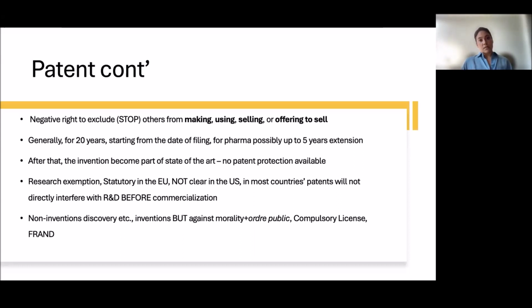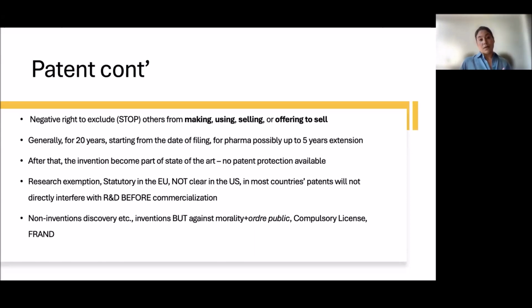And compulsory license is one of the limitations on patent right. Some of the technologies are so crucial that the courts could limit the patent holder's ability to impose whatever price she wants for the licensing.